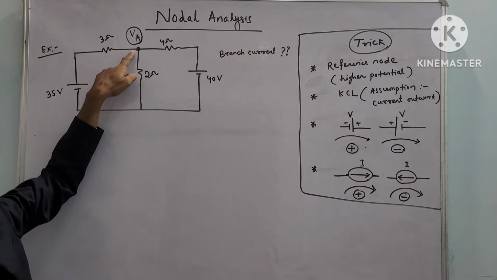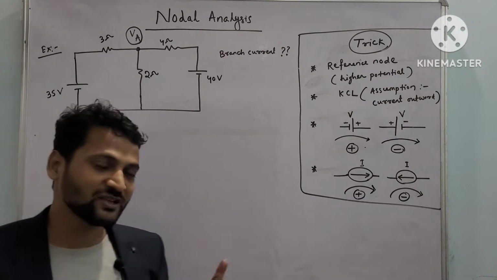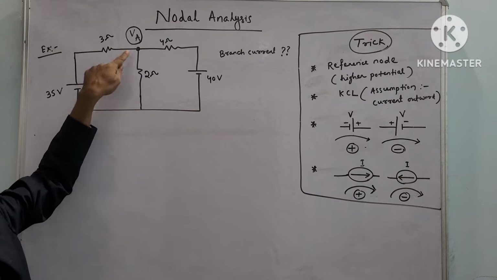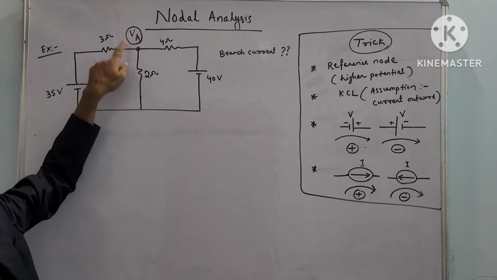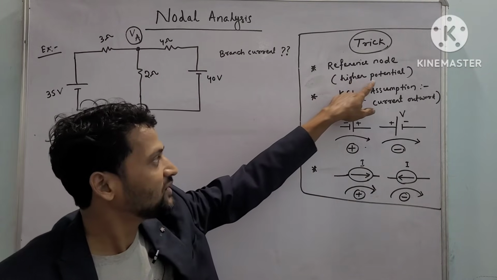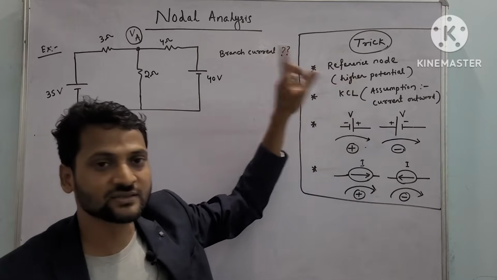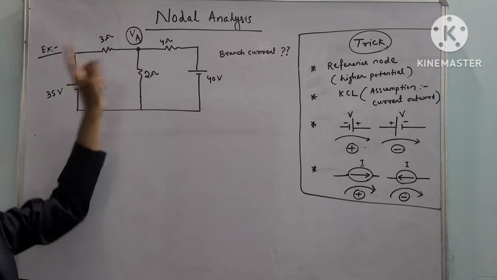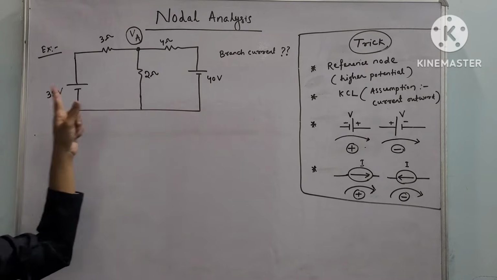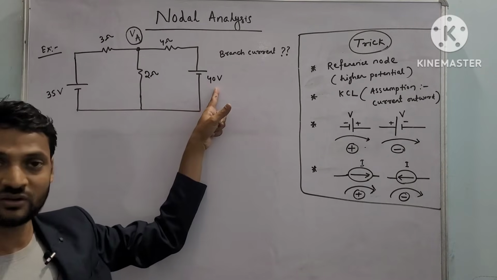Let this be a node. What is a node, what is a mesh, what is a junction, I have already explained in my previous video. Let this one be a node of potential VA, and the potential at this point will be higher as compared to other potentials. In this circuit there are two other potentials, two voltage sources having magnitude 35 volt and 40 volt.